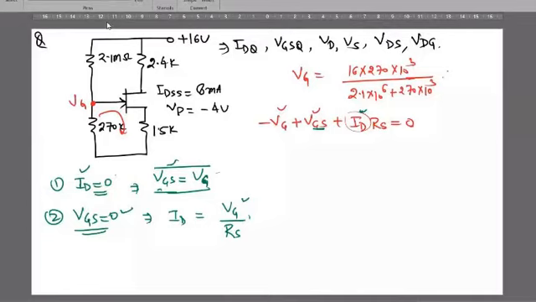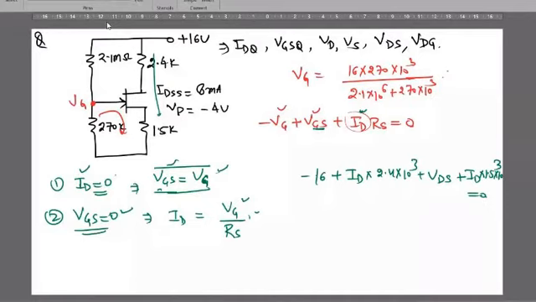Okay, and finally you can go for the equation at the output loop, and this will become plus 16 volt, minus 16 plus ID into 2.4 into 10 raised to the power 3 plus VDS plus ID into 1.5 into 10 raised to the power 3 equals 0. So you can calculate the value of VDS as well.